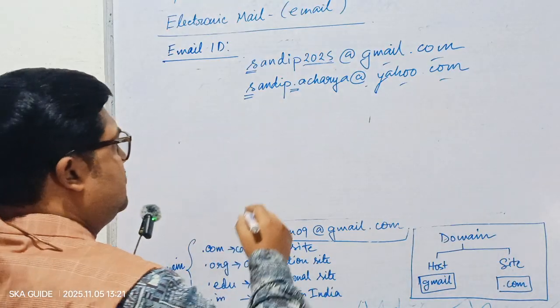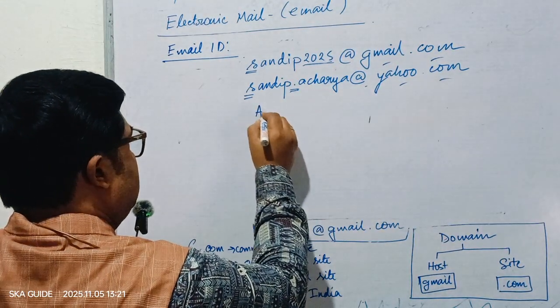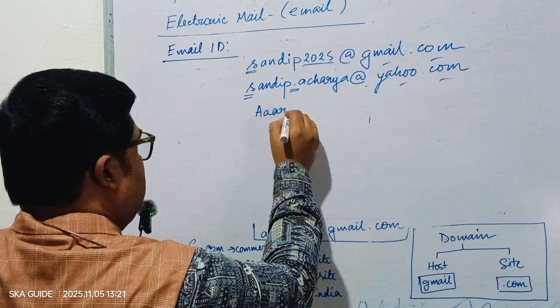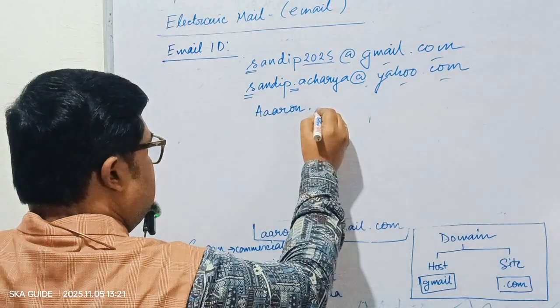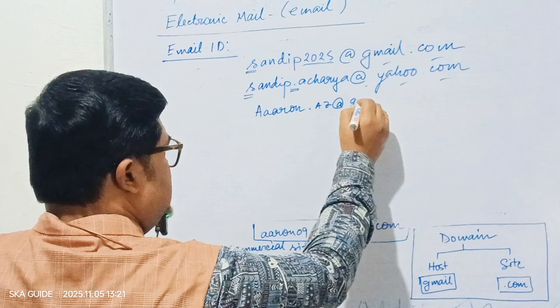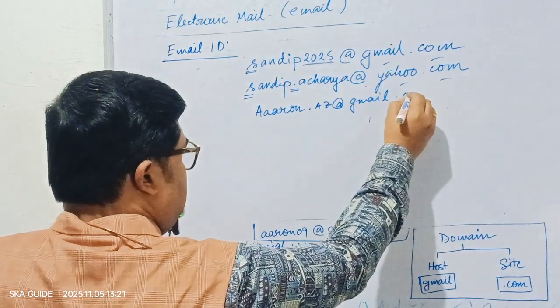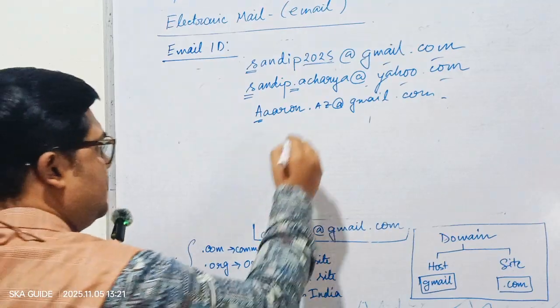Now, what is not acceptable is that you cannot have Aaron dot A to Z whatever at the rate gmail.com, because the capital letter is not allowed here.